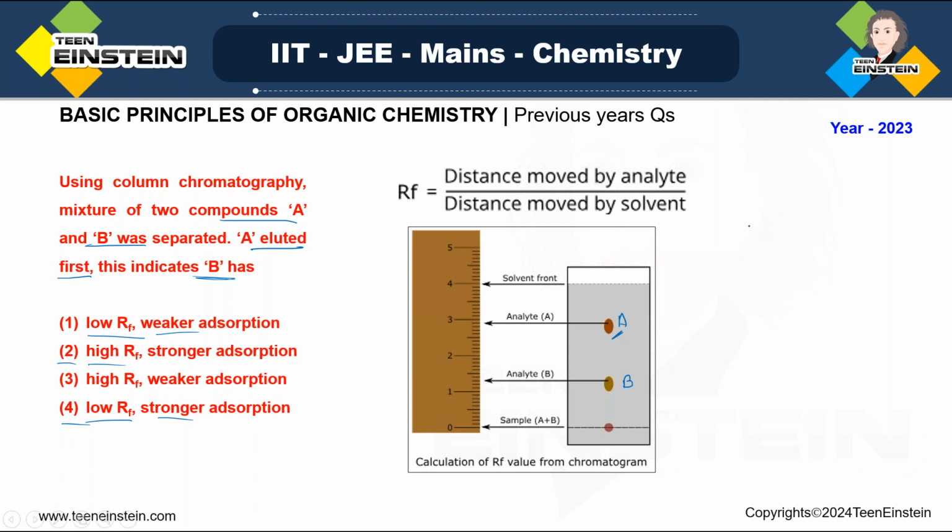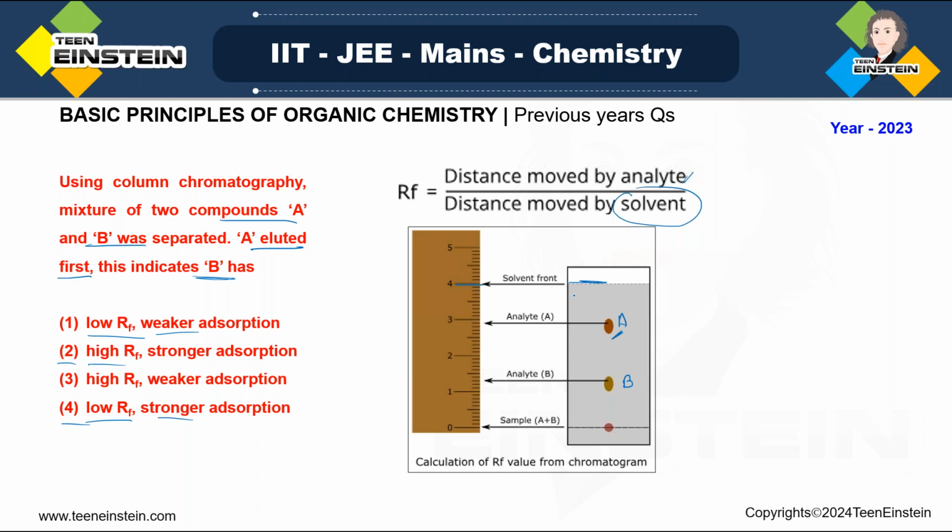So here you can see Rf is basically the distance moved by the analyte divided by the distance moved by the solvent. The solvent that we use for elution will cover some distance. So this is the distance covered by this solvent, and then we have the distance covered by the analyte. Here we have a qualitative picture, though it is not mentioned what the distance is, so we can just have some qualitative idea.